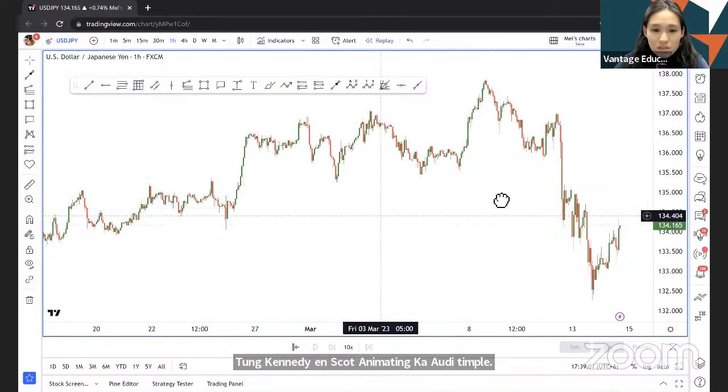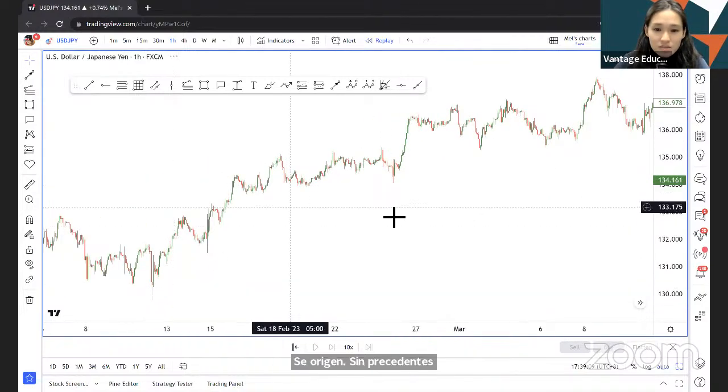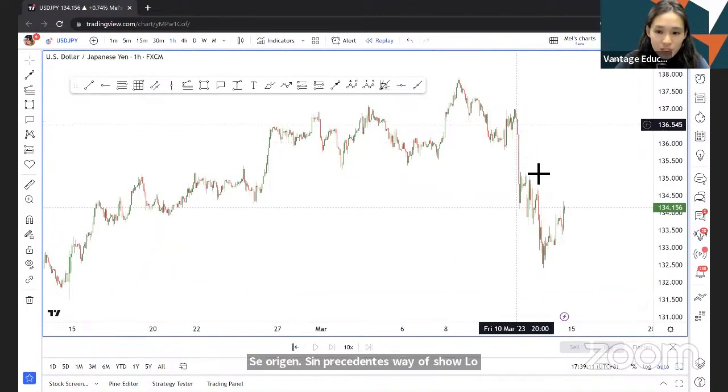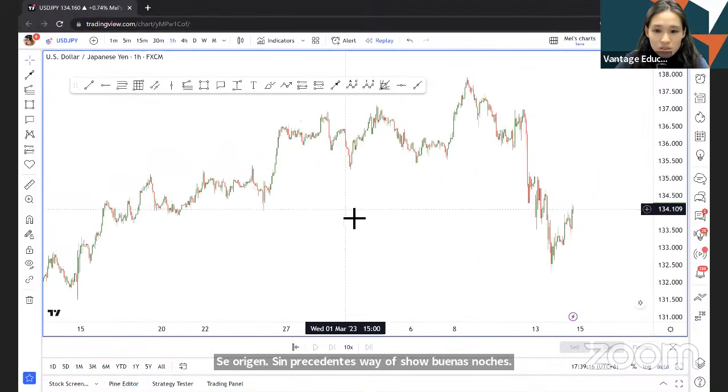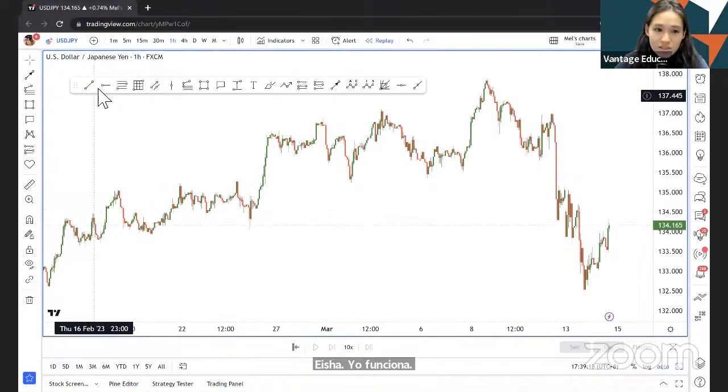We can see prices were increasing over here, but we've noticed a sharp drop from here. So now let's identify our support and resistance levels.